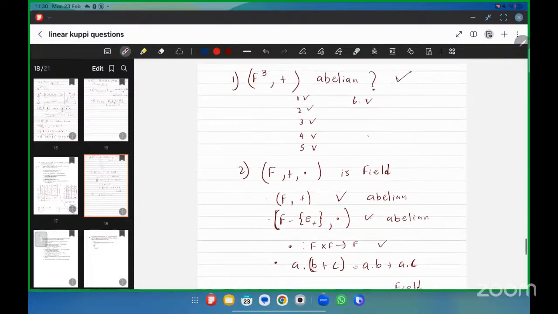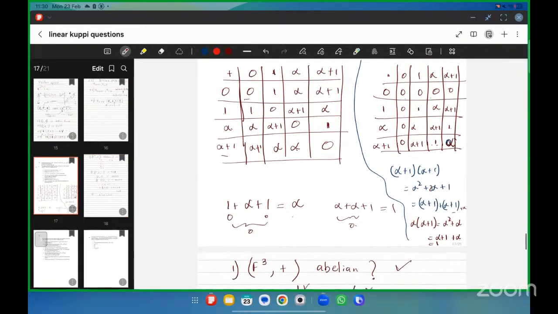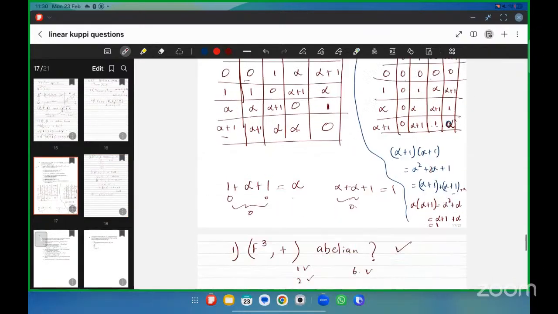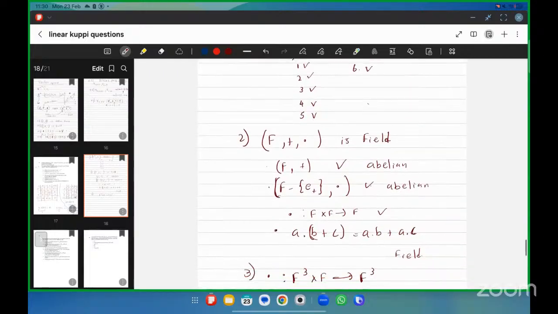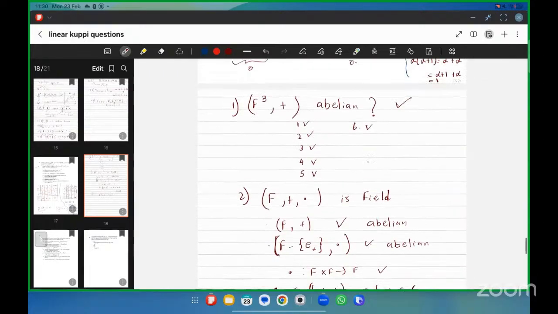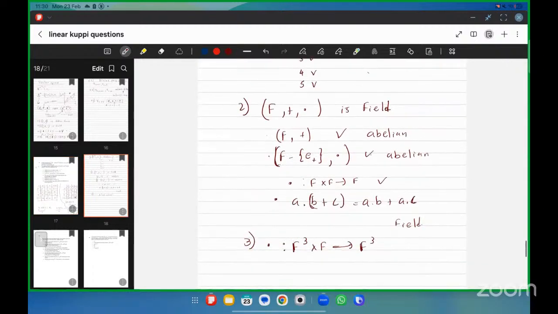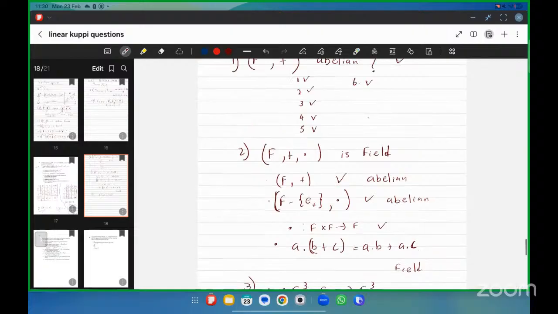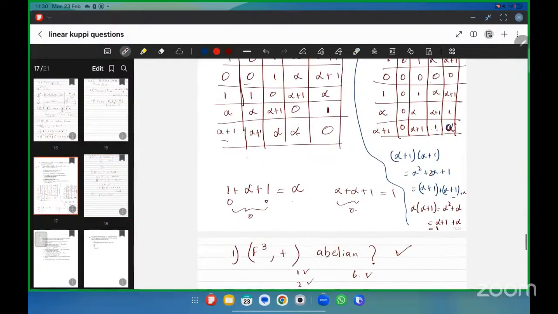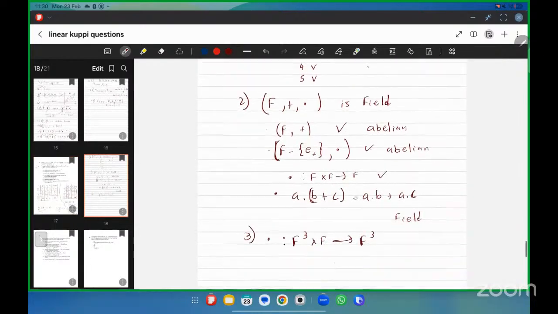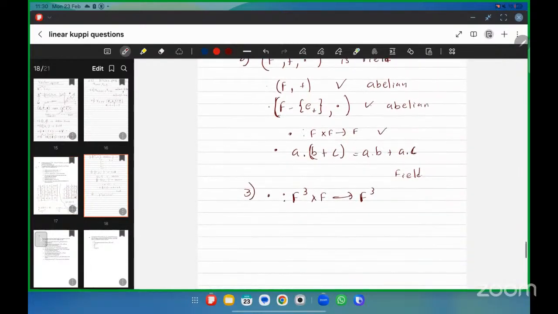When we take one element from F3 and multiply, we get the same four elements. There is a proof we have to write, but for the MCQs, we can tell it is closed.